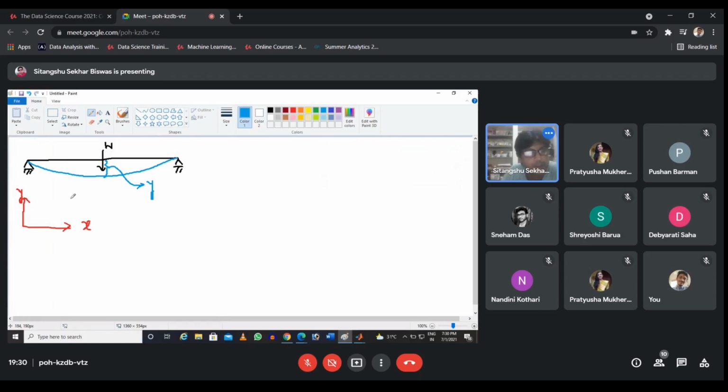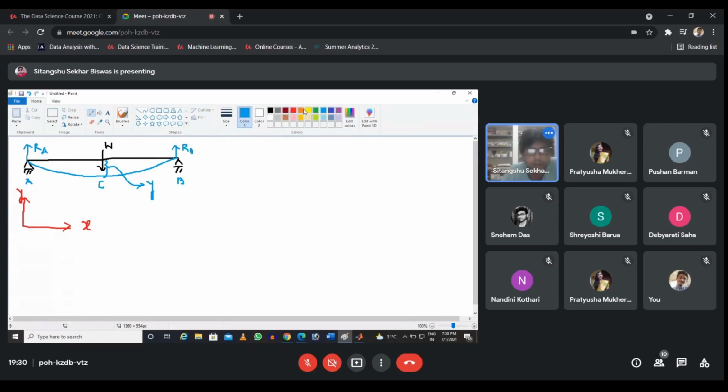Let us take some points here. This is point A, this is the middle point C, and this is another point B. You may know these from your engineering mechanics, the Timoshenko and Young book. This is RA, the reaction, and this point is RB. We have already seen all these things for our dynamic balancing too.